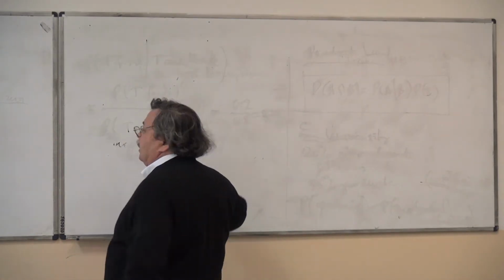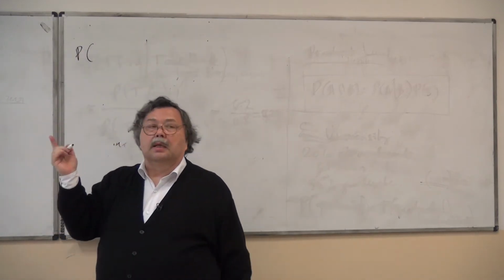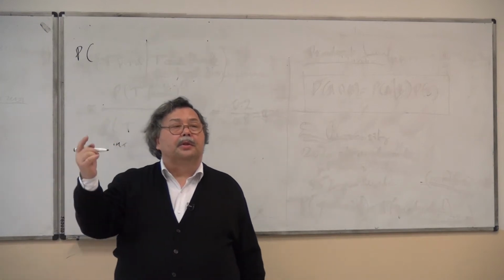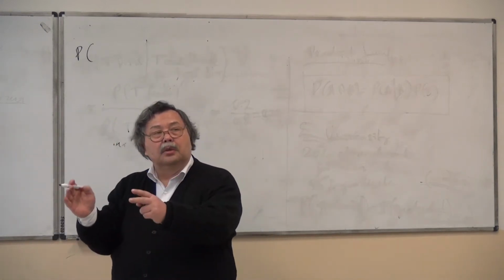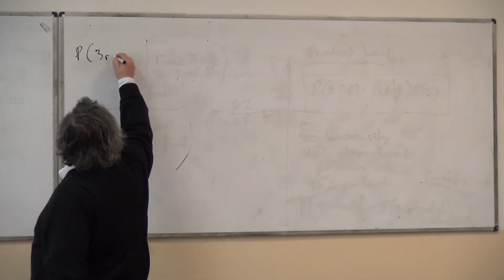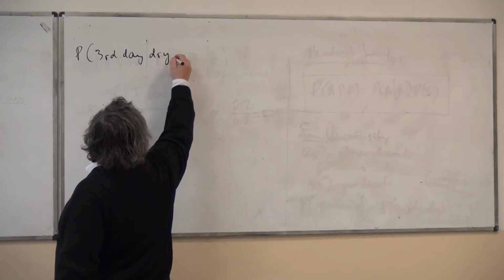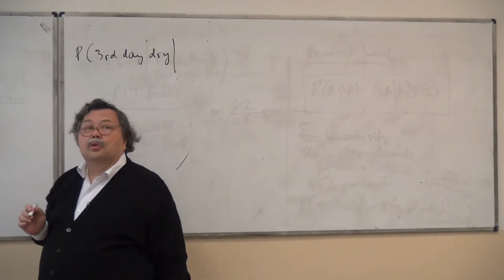And also, the same bureau says that the probability that the next day, well, let's call it the third day. We have tomorrow, day after tomorrow, and the next day, let's call it the third day. So the third day will be dry, given that the first two are dry.